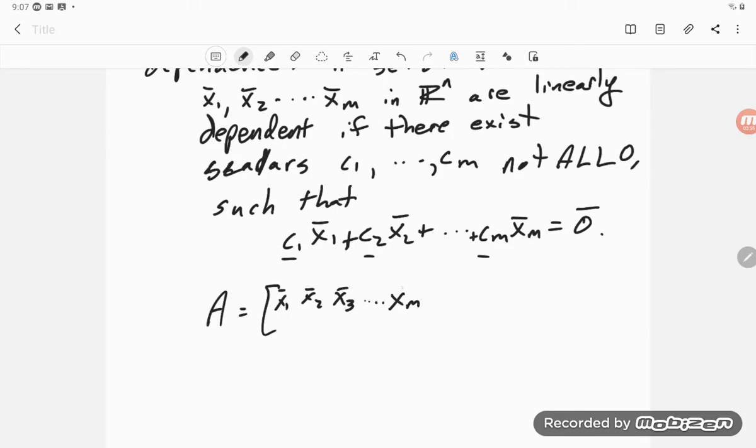I really don't like the m there, but the n makes sense for Rn, so we're stuck with it for now.